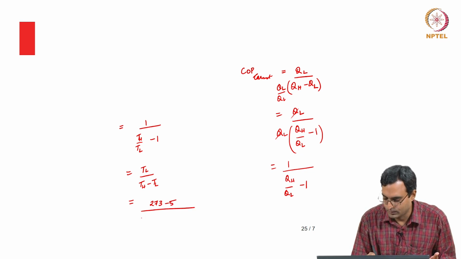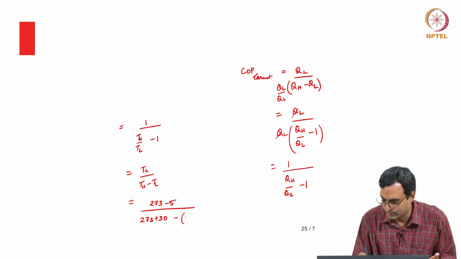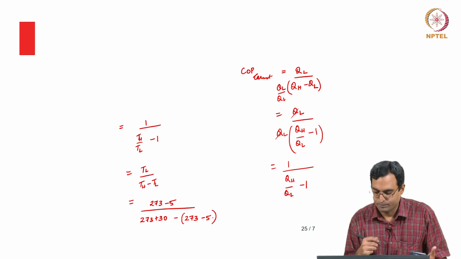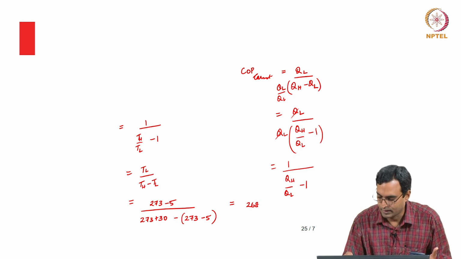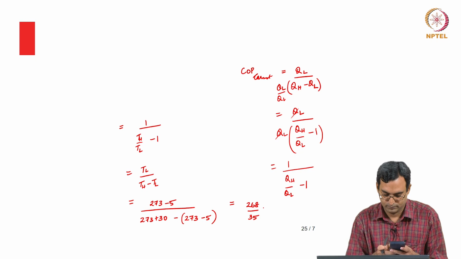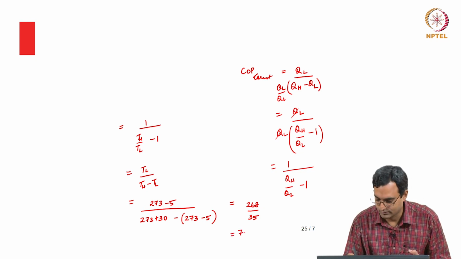Here it is 273 plus 30 minus 273 minus 5. So, essentially we have 268 divided by 35, which is 7.6.